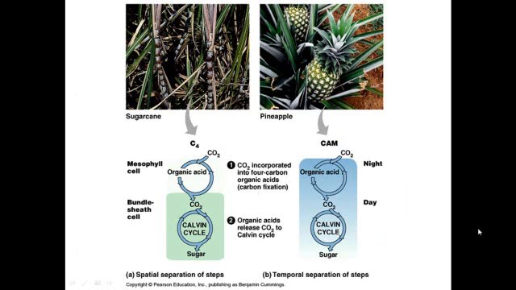So this slide puts both of them together so you can see the difference. Mesophyll cells, bundle sheath cells, so this is C4. Here's the CAM. It's that organic acid, converted from night during the daytime, and goes through the Calvin cycle. So it's a temporal separation, which is timing, as opposed to a spatial separation, which is space, different cells.